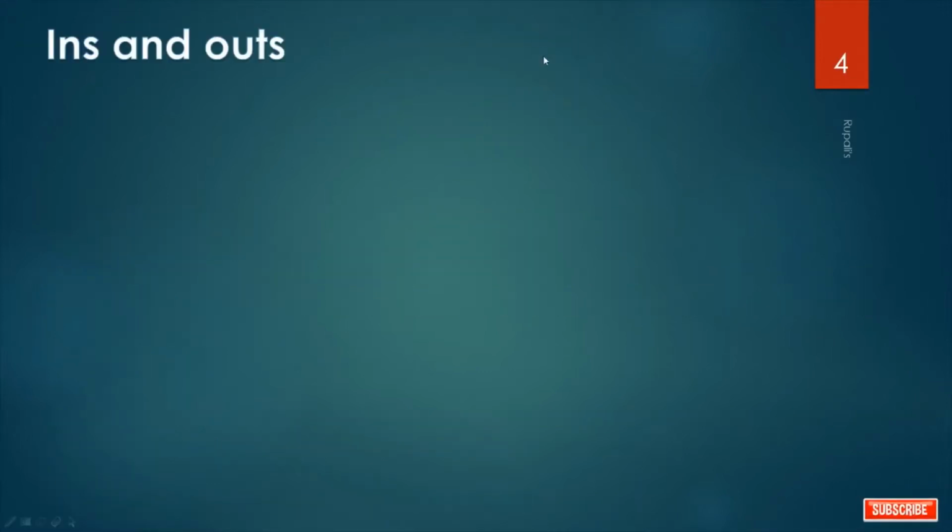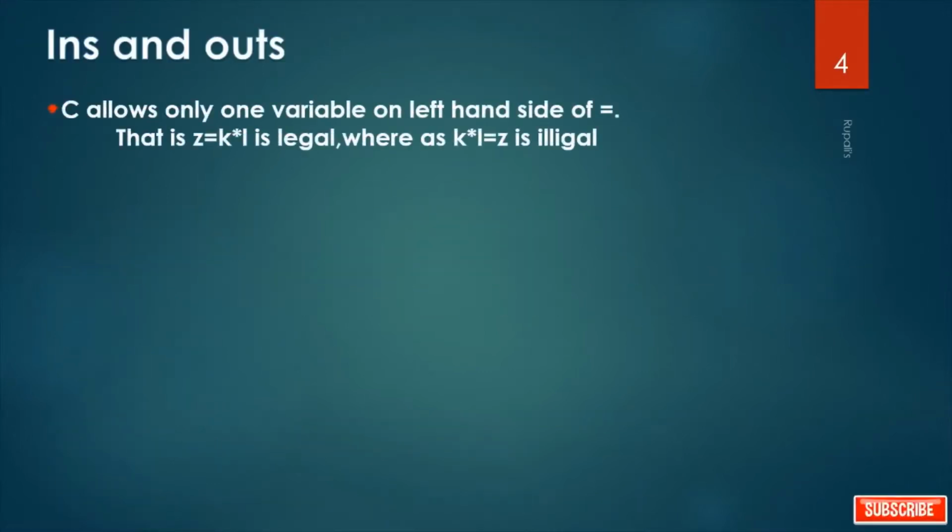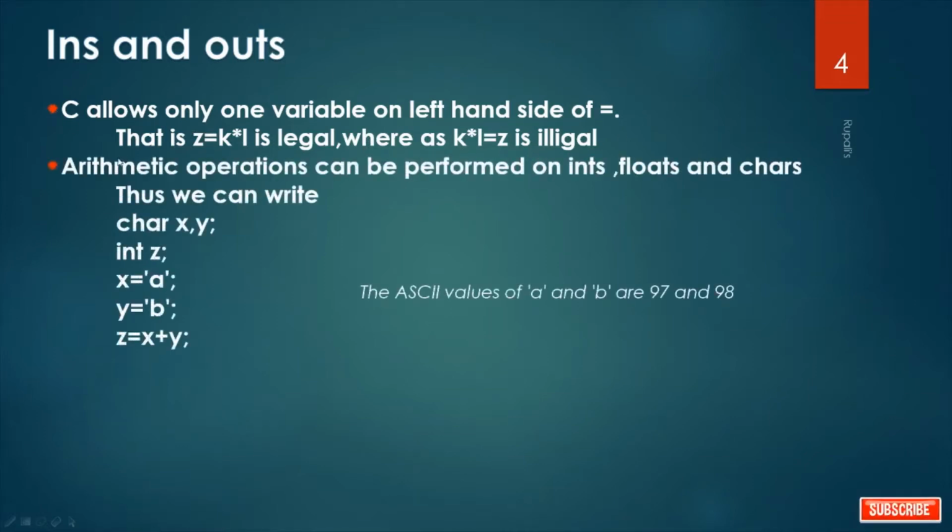Some ins and outs. C allows only one variable on the left hand side of the equals sign, that is, Z equals K into L is legal because on the left hand side there is one variable, whereas K into L equals Z is illegal. Arithmetic operation can be performed on ints, floats and characters also. How?